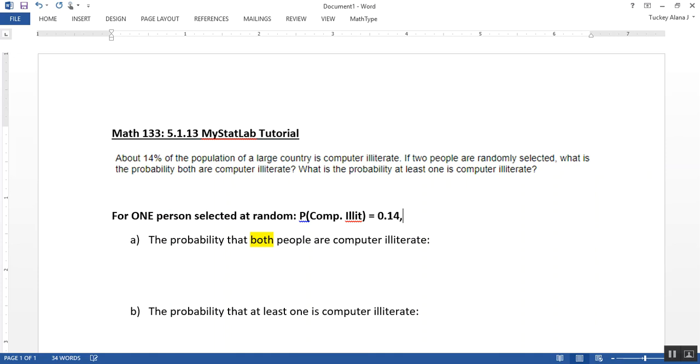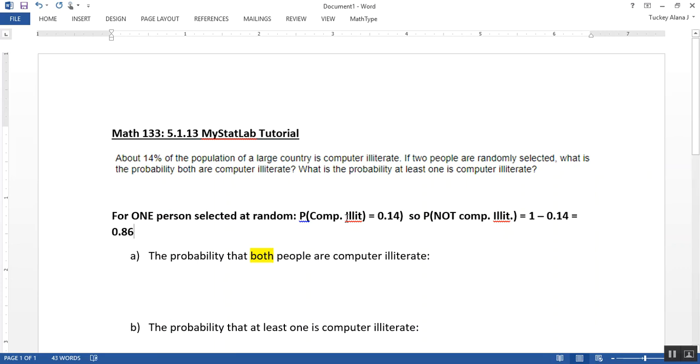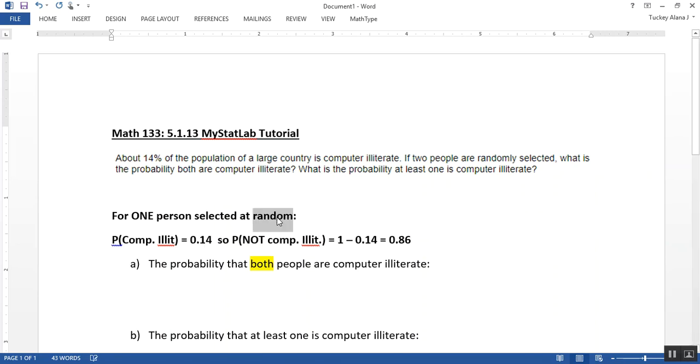So by definition, the probability of not computer illiterate for one person would be 1 minus 0.14, which would be 0.86. And I just realized I messed that up. There we go. But that's only when you're selecting one person at random.